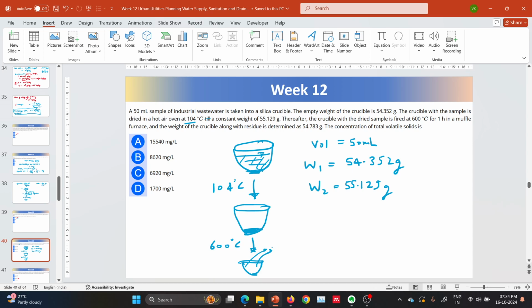They will go into the atmosphere in the form of CO2 and other forms. So only inorganic residue will be left behind.